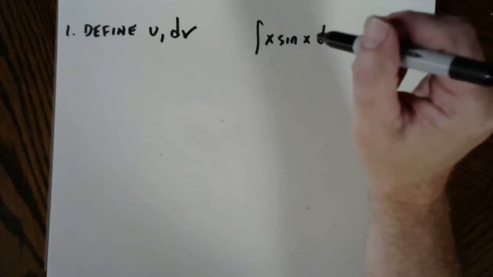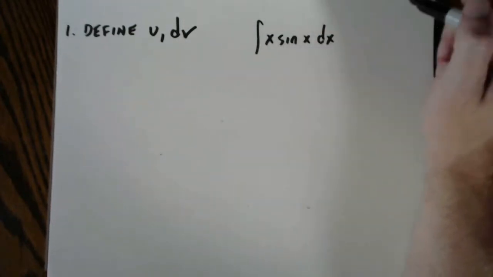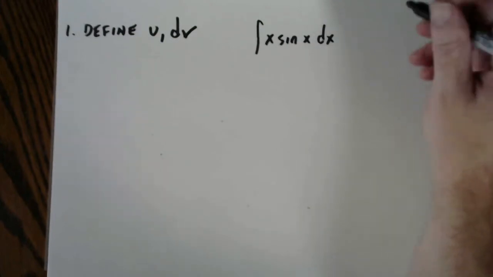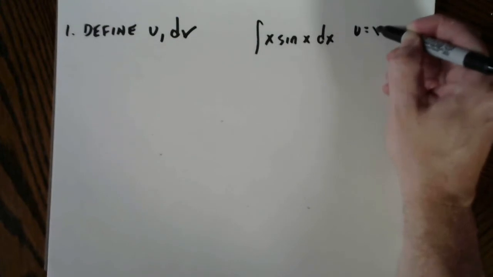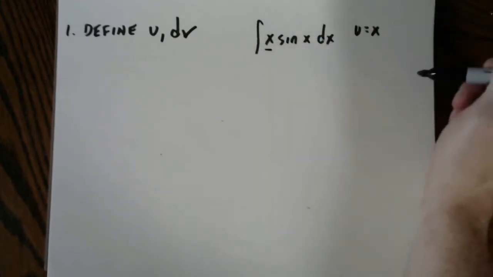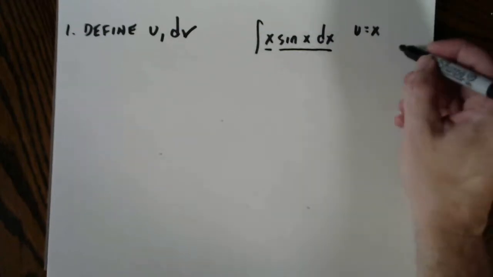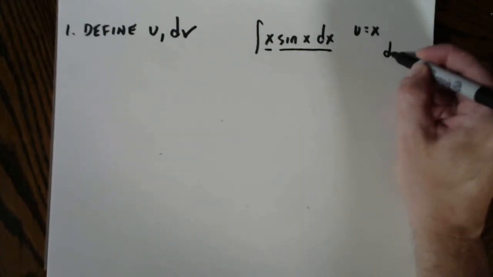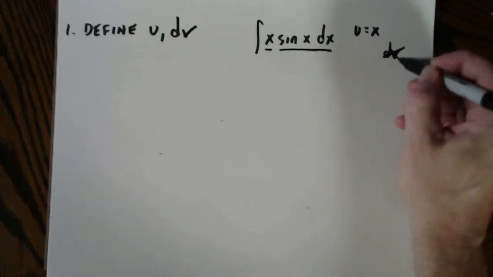We're going to define u and dv from what we have, and we have to account for everything. Okay, so I'm going to say that u is x. So I've accounted for this, and I need to account for the rest. So if I choose u to be x, and I'm going to run out of room because I'm an idiot. Sorry.